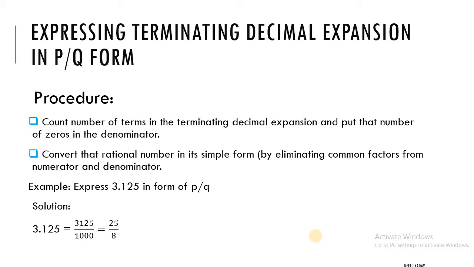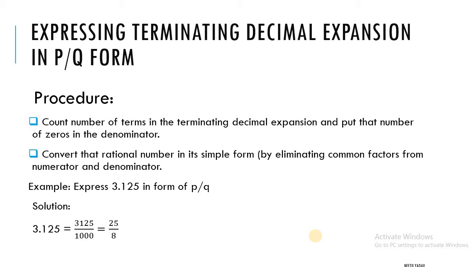express 3.125 in the form of p by q. For that, first of all, we have to count the number of decimal places. These are 1, 2 and 3. 3 decimal places are present, so we have to place 1000, that is 3 zeros, in the denominator.